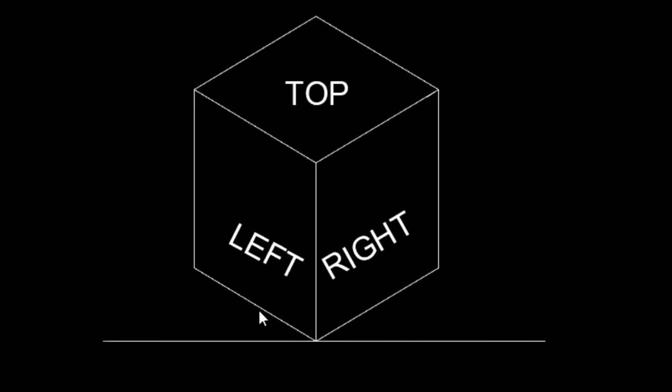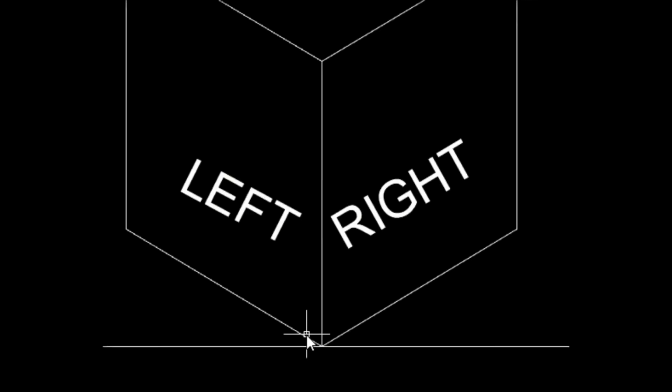In AutoCAD, you are going to do the same thing, but you are going to create lines with just the press of a button. You get a line drawn automatically at 30 degrees to your right side and 30 degrees to your left side and 90 degrees towards the top, allowing us to create the three planes, that is the top plane, left plane, right plane. The only difference is, for all calculation purpose, AutoCAD considers 30 degrees and 150 degrees.